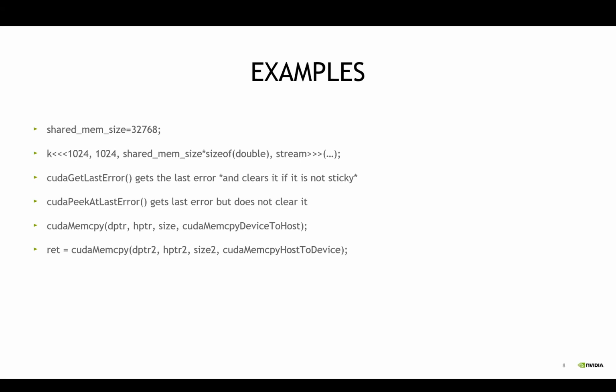The reason is that those are synchronous errors, and the ability of an error code to be reported asynchronously is dependent on that error being asynchronous. So synchronous errors, even if they have previously existed, do not get reported by subsequent CUDA runtime API calls, except for cudaGetLastError and cudaPeekAtLastError. But asynchronous errors can be reported by any CUDA runtime API call.